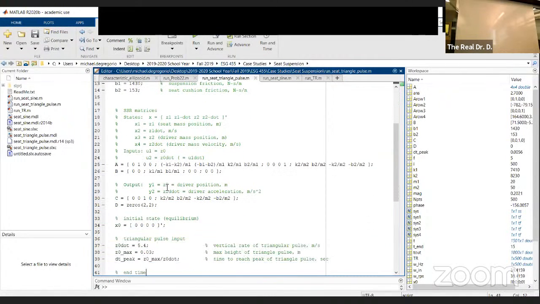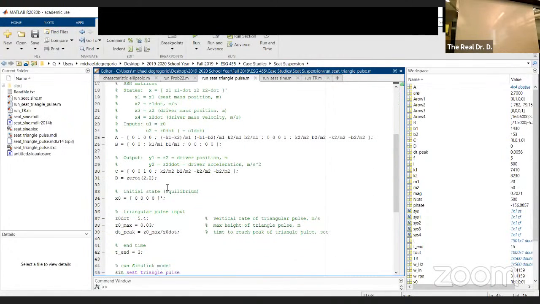I've defined my C and D matrices, right? These are all exactly the same as we've just defined them by hand, right? I have my initial condition, my initial state. So X0 is the initial state. It's showing 0 initial conditions for X1, X2, X3, and X4. You can change it here if you want, and we can see what that does. But for right now, we're just going to leave it, right?